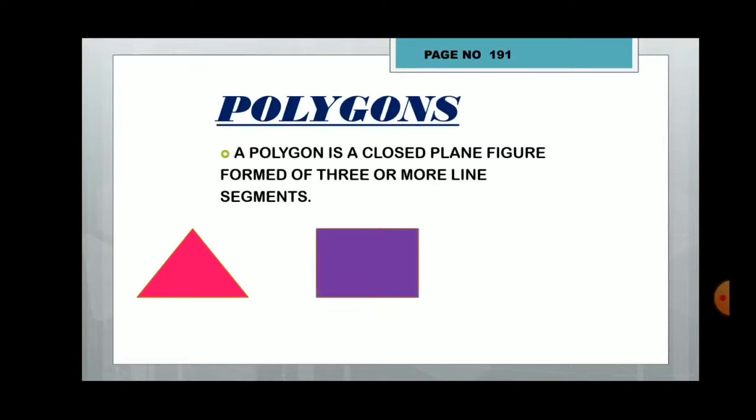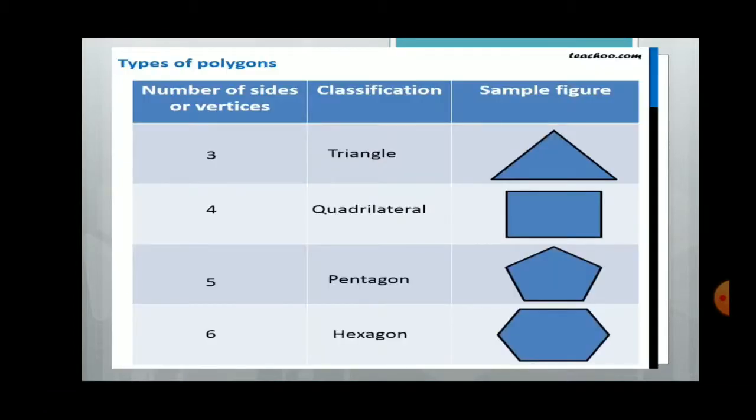The square or rectangle is a closed plane figure as it is made up of 4 line segments, more than 3. And pentagon is made up of 5 line segments and it's a closed plane figure, so it is also a polygon. Now let's see all the different polygons.